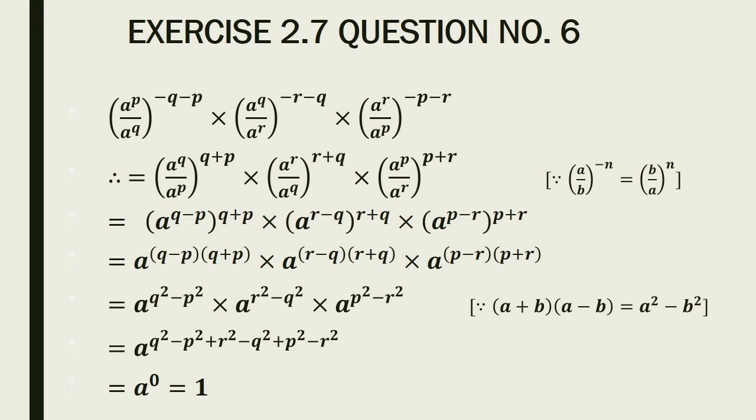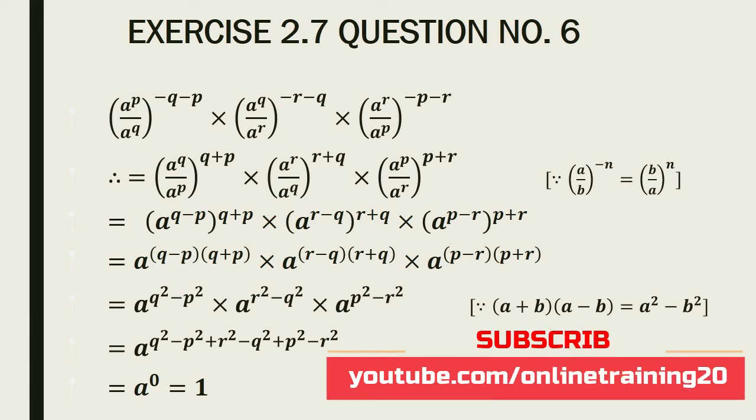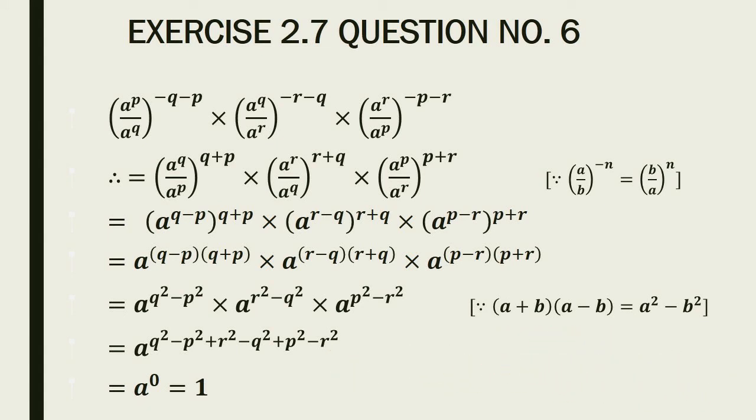There is a power on the power, so the powers get multiplied. So we get this to be equal to a raised to the power q minus p into q plus p, both powers multiplied, into a raised to the power r minus q, r plus q, and similarly a raised to the power p minus r and p plus r.